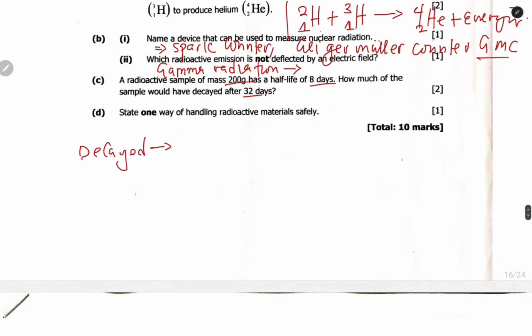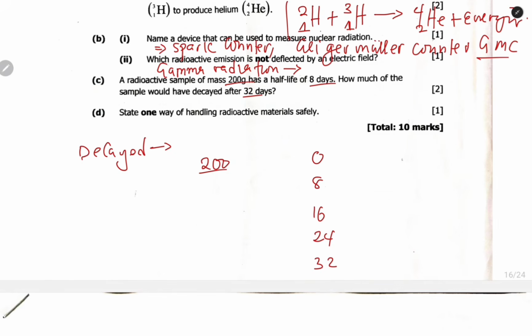If you want, you can draw a table where you look at the half-life, for example, the 200. The half-life is 8, so you continue adding 8: first 0, then half-life 8, half-life 16, 24, half-life 32.